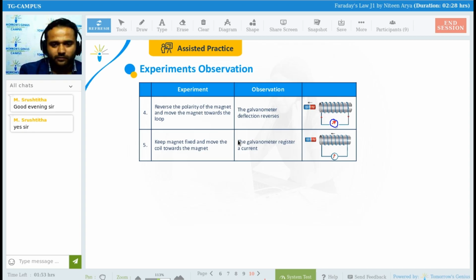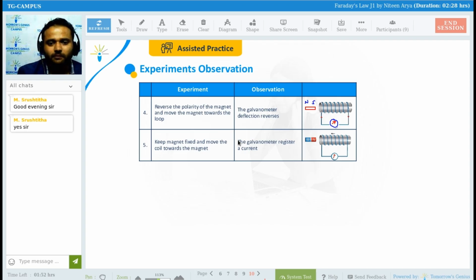If I reverse the polarity of this magnet, one side is S now and another side is N. So N S. Here you can see N near to the coil and S farther. Here I change the polarity, reverse the polarity, so your deflection in the galvanometer is going to be reversed or reflected.